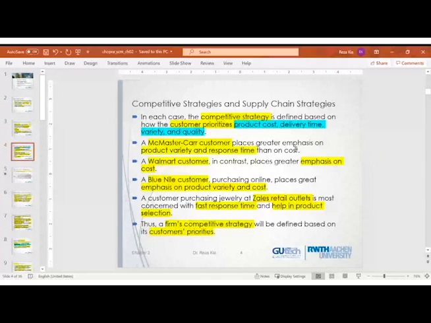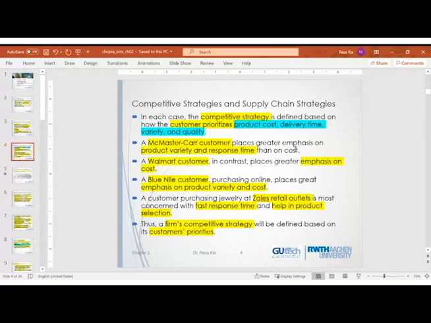And what would be the scenario here? So in each case, in our supply chain, we will define our competitive strategy based on the customer priority. So we, as the manager of the supply chain, will look at the priority of our customer, such as cost, delivery time, variety of the product, quality, and some other priorities that might be considered.